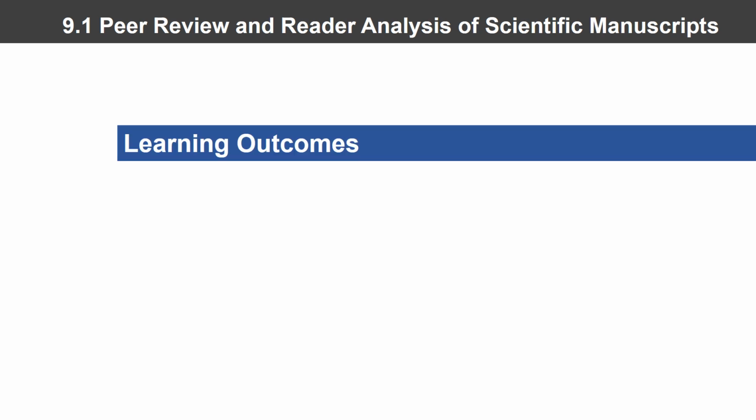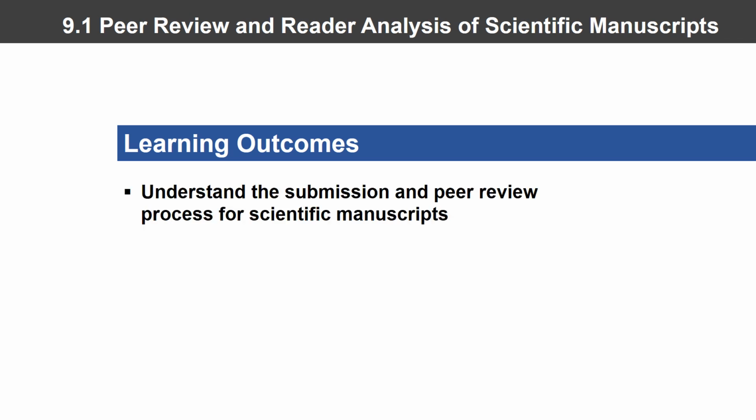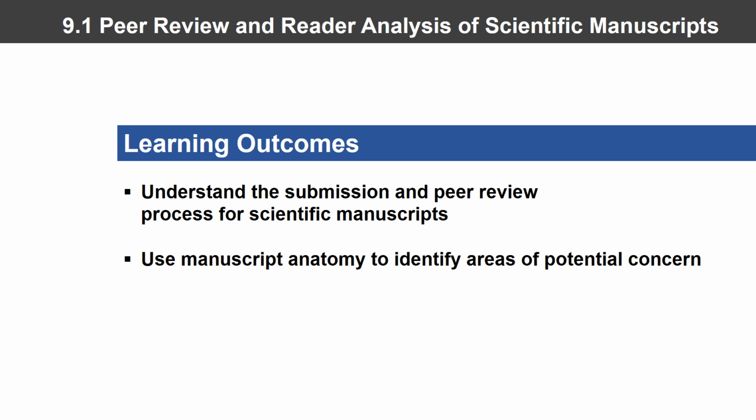So, writing those down into particular learning outcomes, here's what we hope. First, with regards to the peer review process, we want you to understand the submission and mechanics of how a manuscript goes from the lab bench to the journal. And secondly, we want you to be able to use all you've learned about reading a paper with regards to its very particular anatomy in order to identify areas of potential concern.